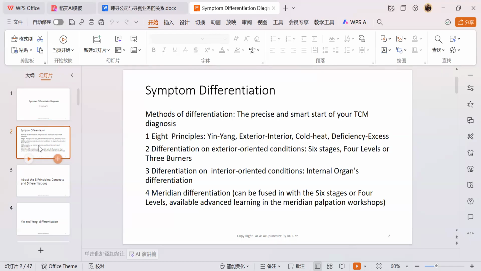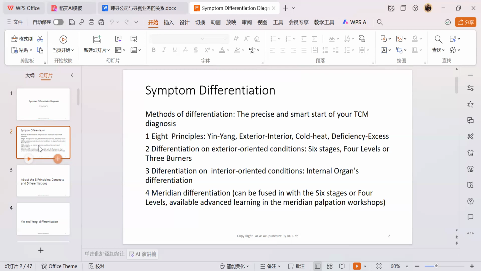And the Liu Jing, the six stages, was mainly developed in the time when cold was the dominant condition in the Han Dynasty. 那是张仲景 developed. That's the earliest one.